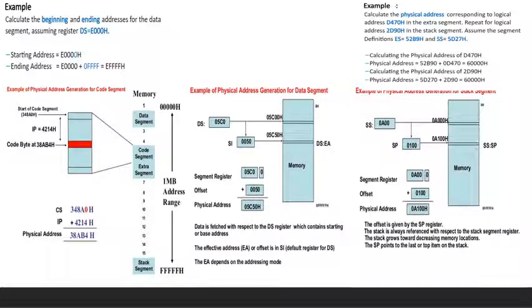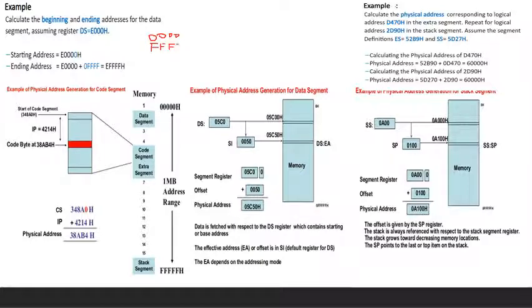Let us see some examples now. The first example: calculate the beginning and ending address of the data segment, assuming the register DS is equal to E000H. So the starting address is E000H and we have to find the ending address. The offset ranges from 0000 to FFFF, so it is added with FFFF.